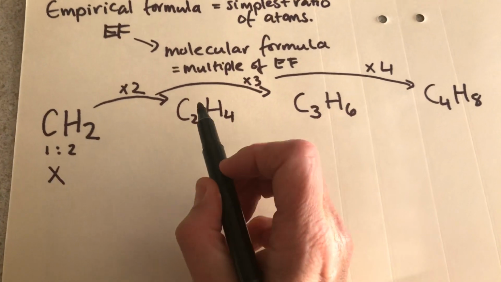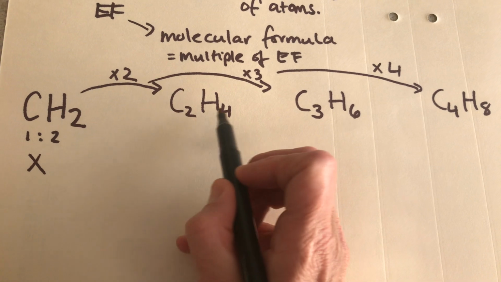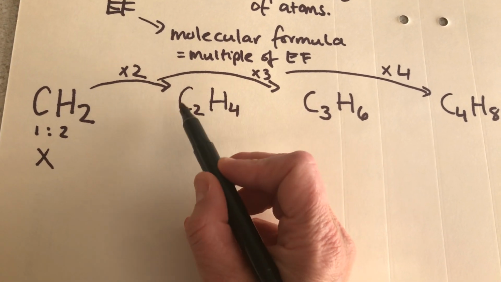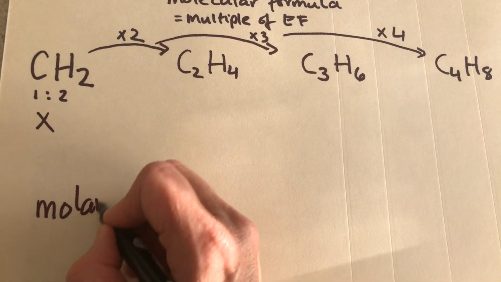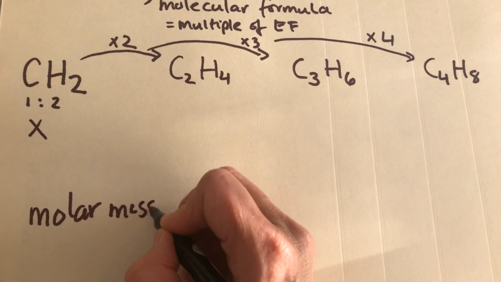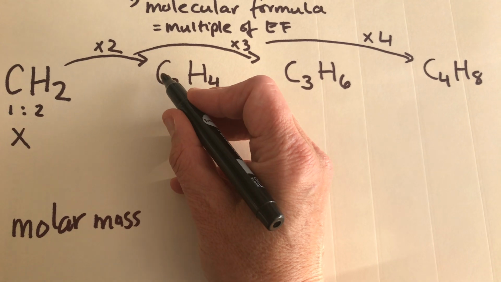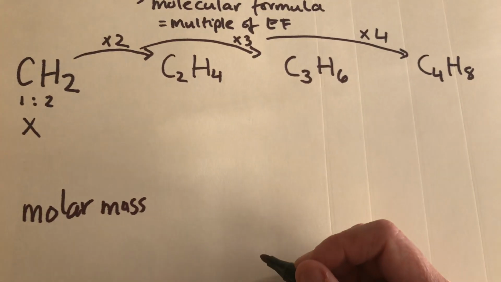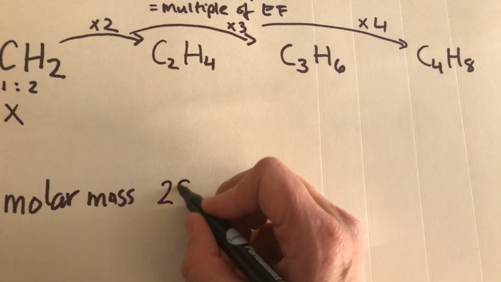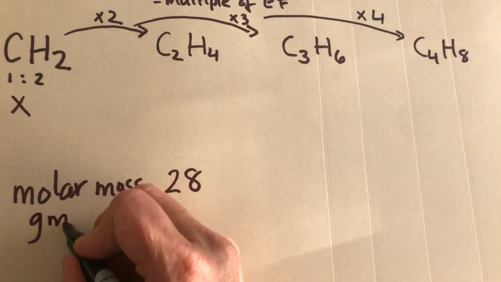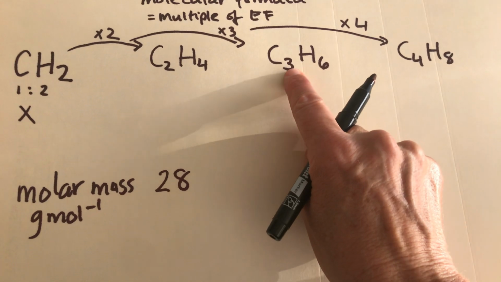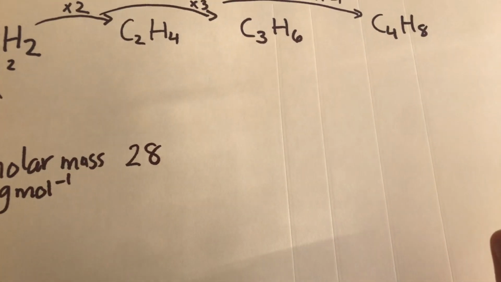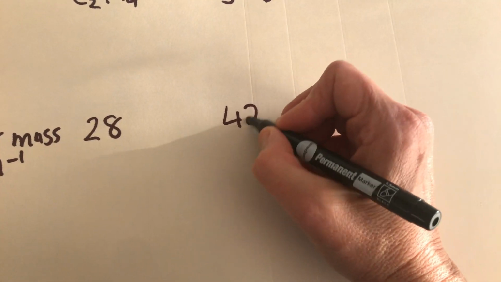So if the molar mass was for C2H4, if this was the correct molecule, then our molar mass for this would be 2 times 12 plus 4. So that's 28. The molar mass of this would be 3 times 12 plus 6, so that would be 42.